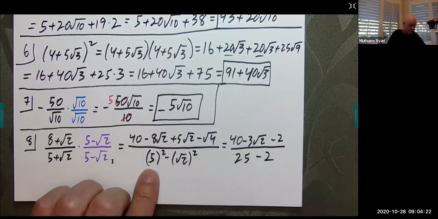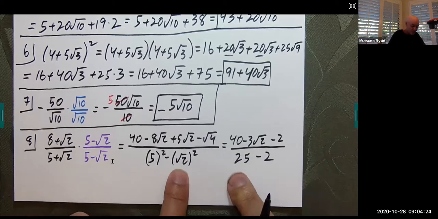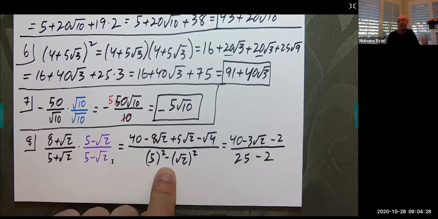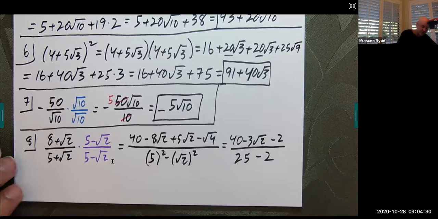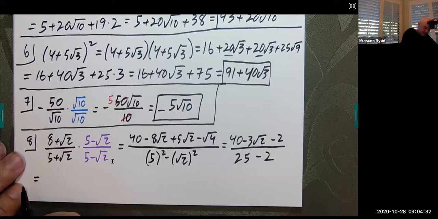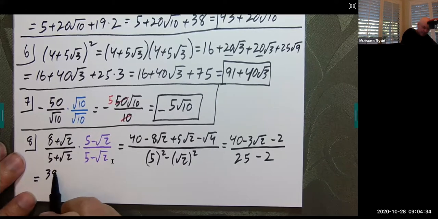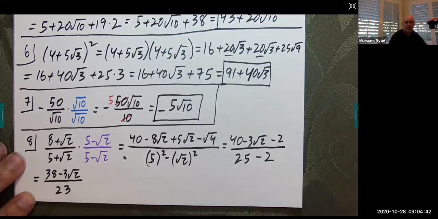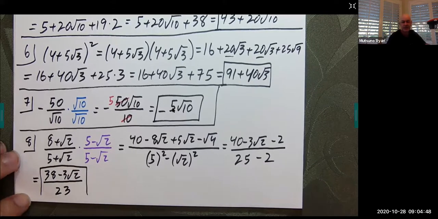Five squared is 25. Root 2 squared is just 2. The radical and the squared, they cancel each other out. They're what are called the inverses. We'll learn more about that later in the semester. And that gives me my final answer there.